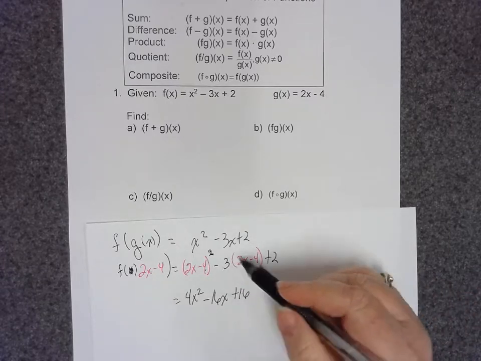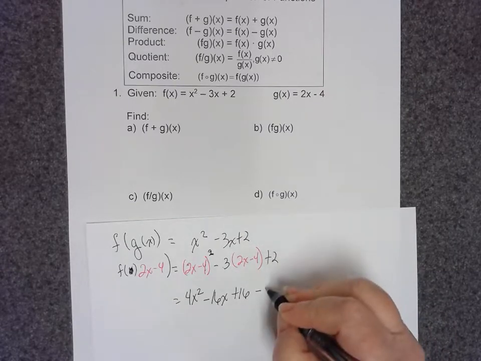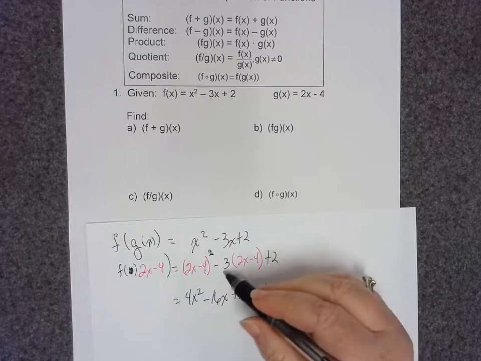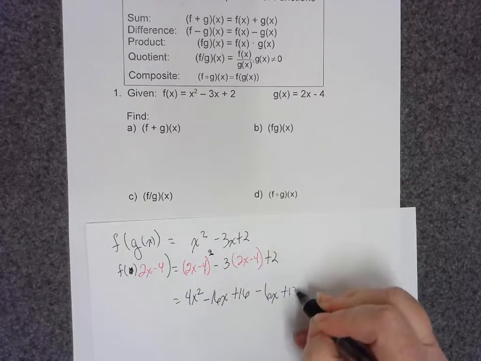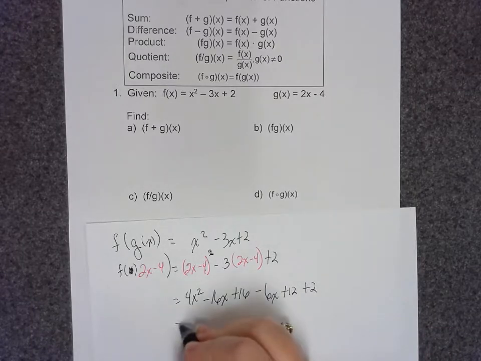Then we distribute the negative 3 to our 2x term, which gives us negative 6x. Negative 3 times negative 4 gives us a positive 12. And then we have a plus 2 there. We combine like terms.